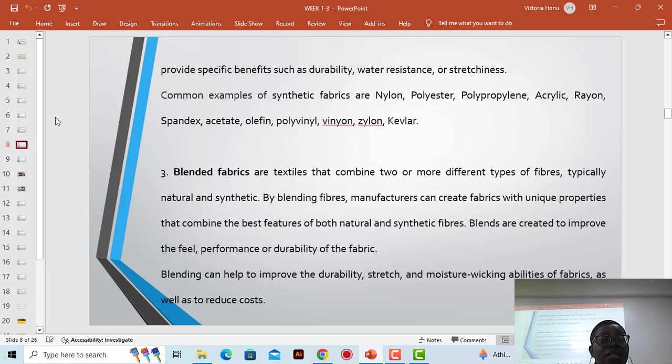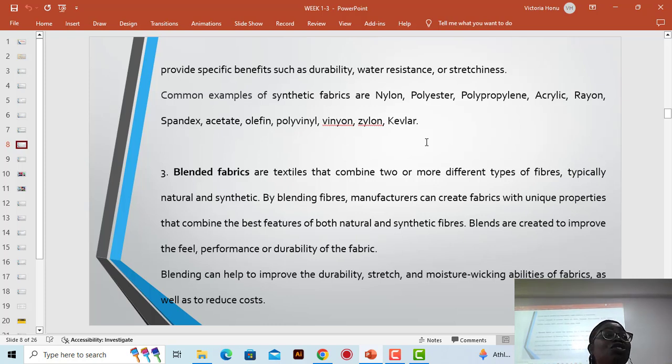Now, the third type of fabric we have is blended fabrics. Okay, they are textiles that combine two or more different types of fibers. It can be two or more. We blend them, typically natural and synthetic. So when we blend fabric, we are using one natural and then one synthetic. The synthetic one is artificial. It is produced by humans, let me put it that way, through the usage of chemicals.